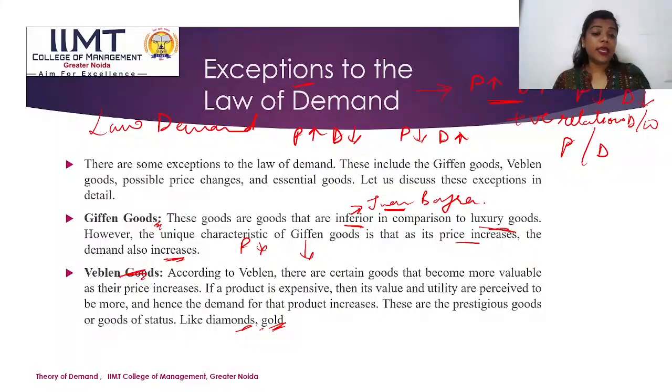And if somebody says that this diamond costs rupees 2 lakh, you will say the quality is good. So if the product price is lower, the demand will be lower, right? If a product is expensive, then its value and utility are perceived to be more. We assume that the value and the utility of this product will be more, and then we are going to demand that product.